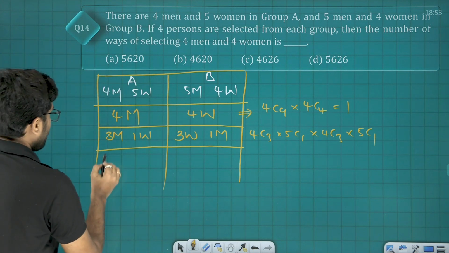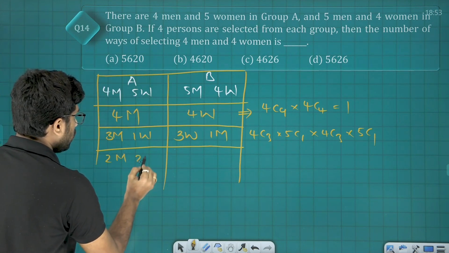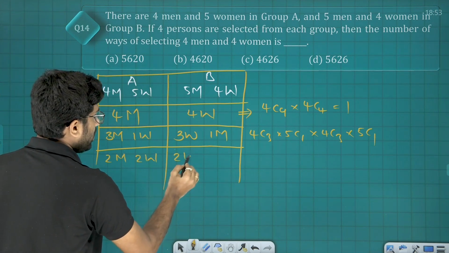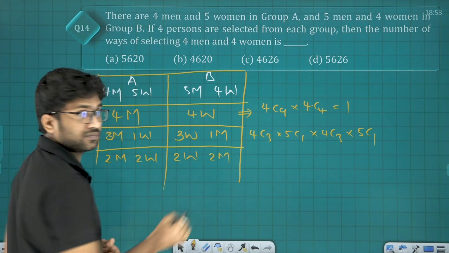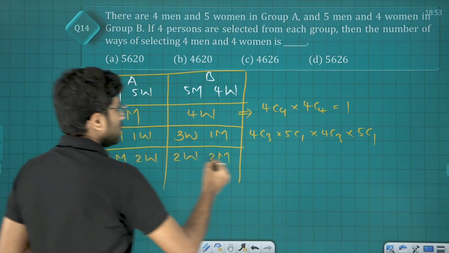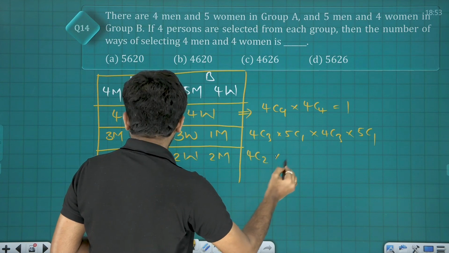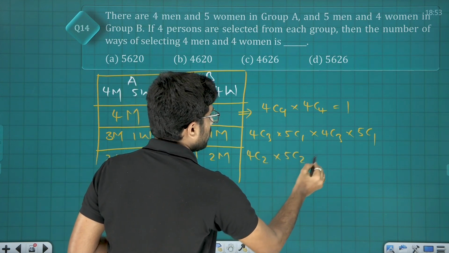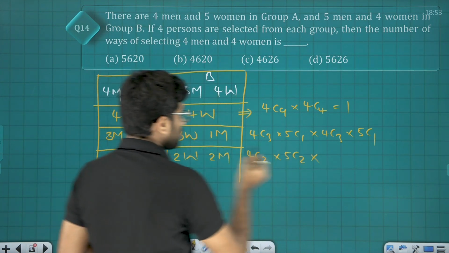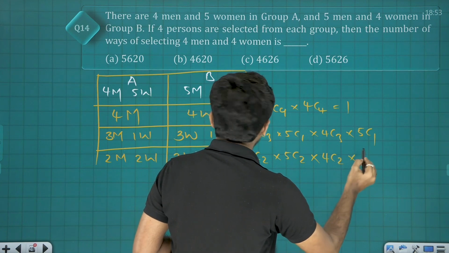Next, 2 men, 2 women, 2 women, 2 men. Same story. So that is 4C2 into 5C2 into 4C2 into 5C2.